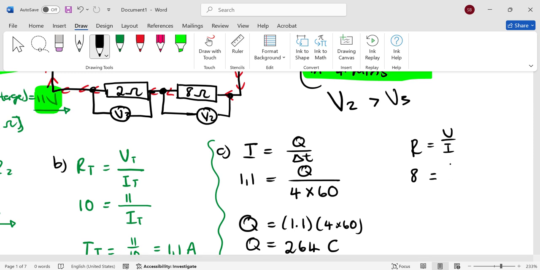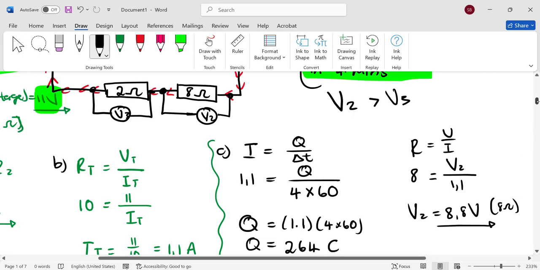The corresponding voltage is V2, and the current is the total current, 1.1. So V2 has a reading of 8.8 volts. That is the reading on the 8 ohm resistor.